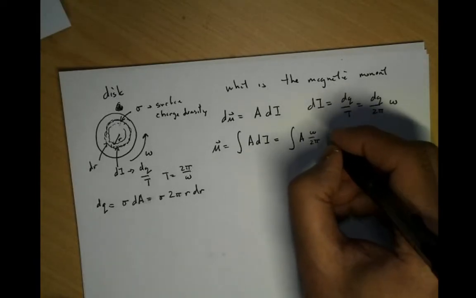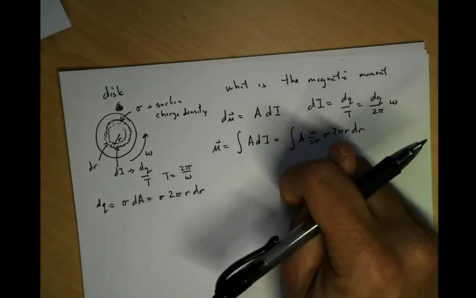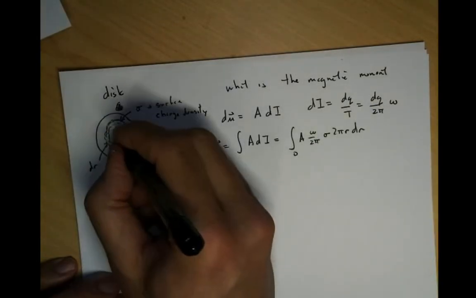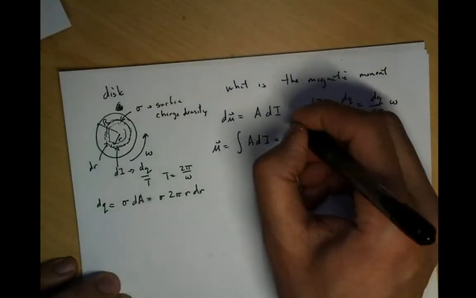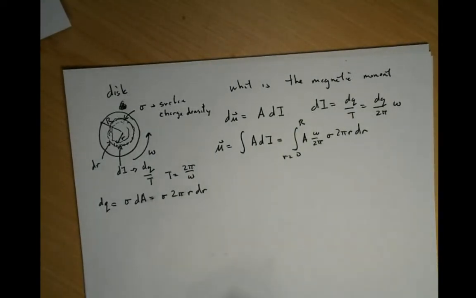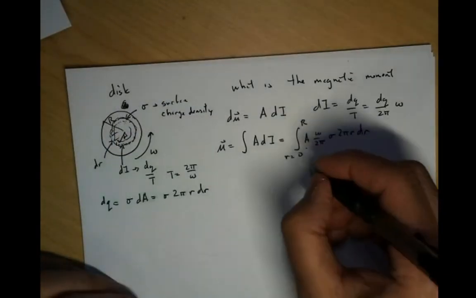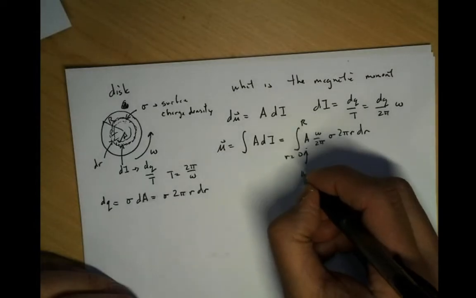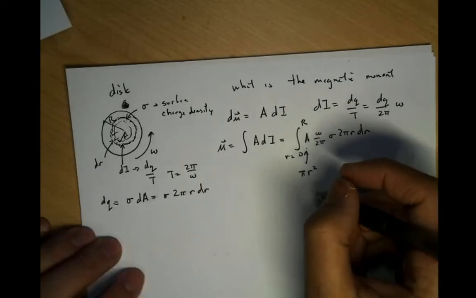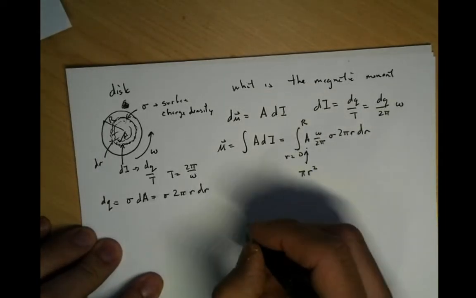Now dq is basically sigma 2 pi r dr. I'll integrate this from 0 to, let's say the radius of this thing is capital R. The one thing I forgot to mention is what A is. A is the area inside each loop, so A here is just pi r squared, little r squared. All right, let's go ahead and do this now.